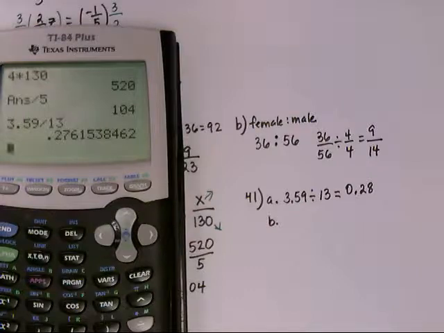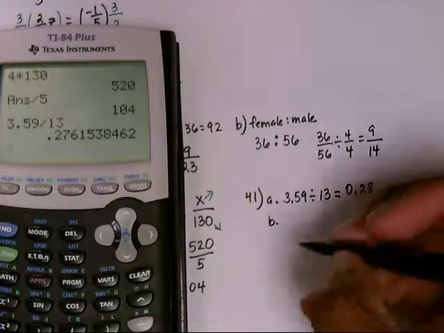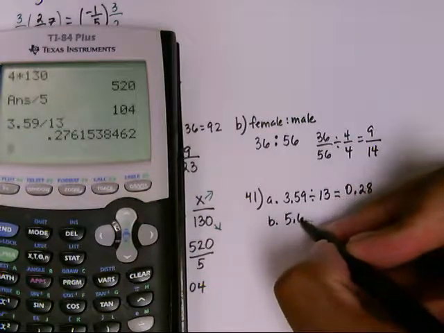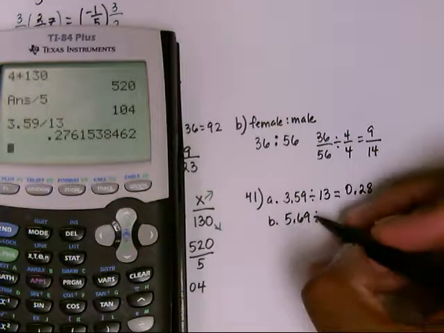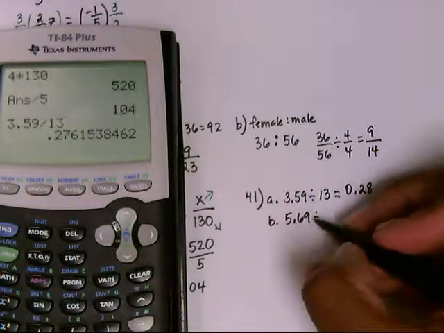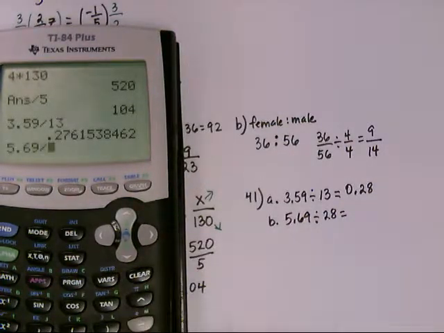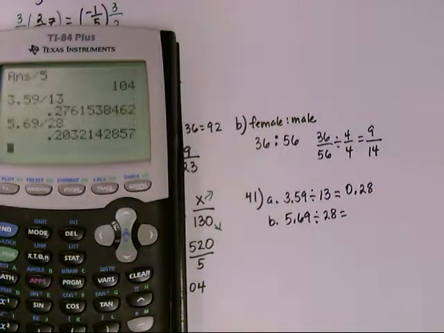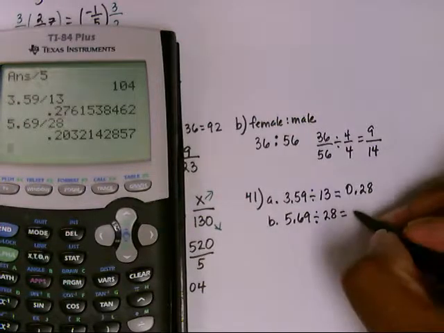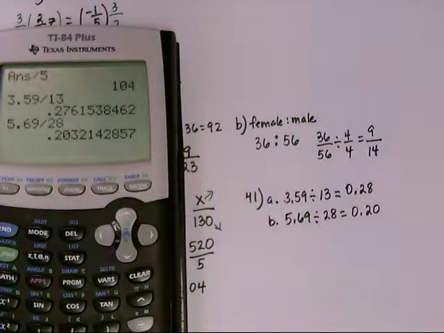And the B option is 28 ounces for $5.69. So we take $5.69, divide that by 28. And this will give us 0.20 or 20 cents per ounce.